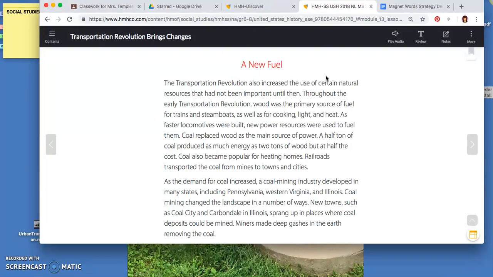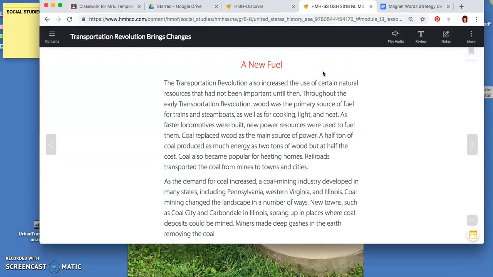Coal also became popular for heating homes. Railroads transported the coal from mines to towns and cities. As the demand for coal increased, a coal mining industry developed in many states, including Pennsylvania, Western Virginia, and Illinois. Coal mining changed the landscape in a number of ways. New towns, such as Coal City and Carbondale in Illinois, sprang up in places where coal deposits could be mined. Miners made deep gashes in the earth, removing the coal.